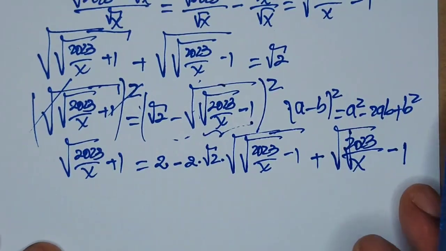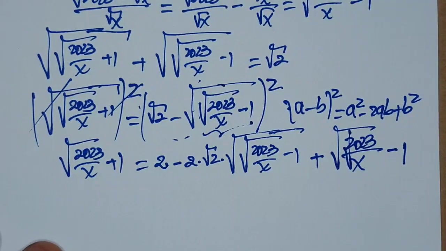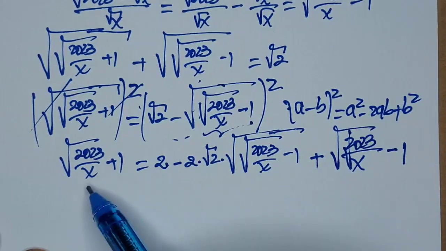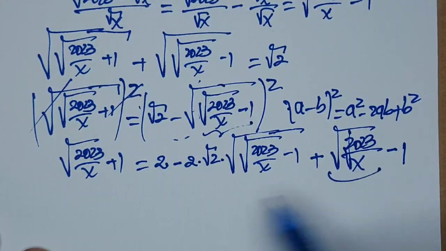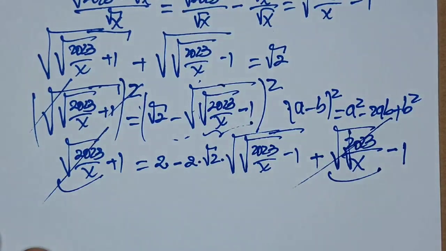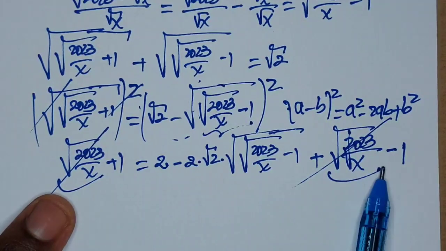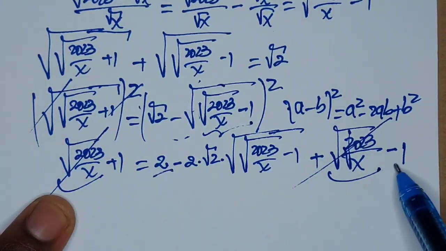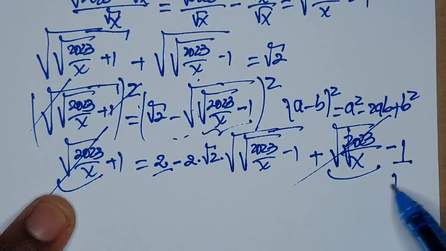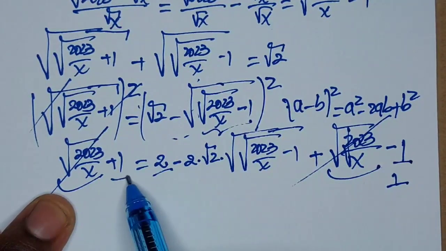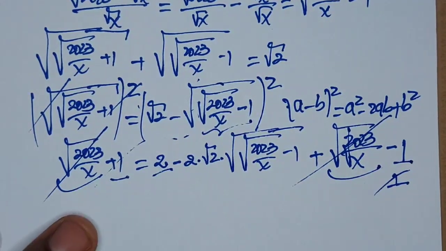So now guys, what we can do is, you see that this term is equal to this term, right? So 0, because they are on different sides of the equation. So now you have 2 minus 1, it's 1, so you're left with 1 here, and you have 1 here, so you cancel, it's 0 again.